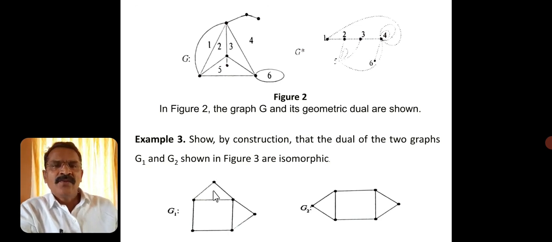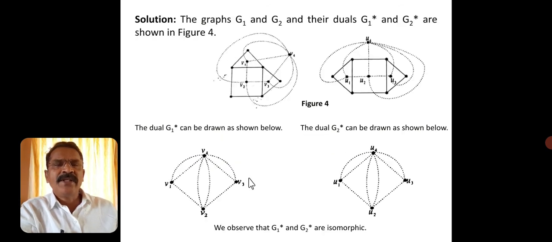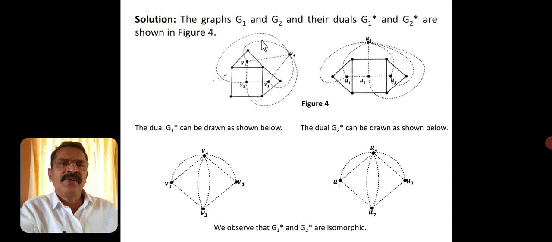Okay. So now we try to find out the geometric dual of those two graphs. First try to find out the geometric dual of the first graph. As I said, first you have to identify the regions. So this is one interior region, like square type. This is one interior region, triangle type. This is the third region, triangle type, and one region is the exterior region.